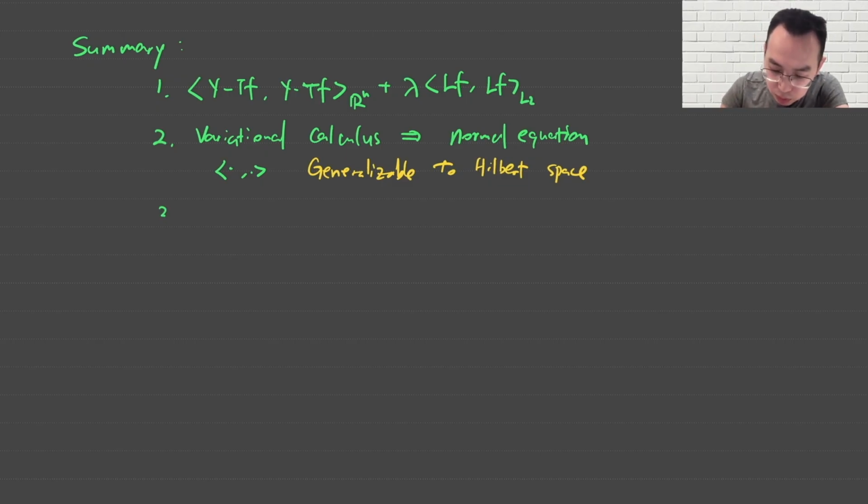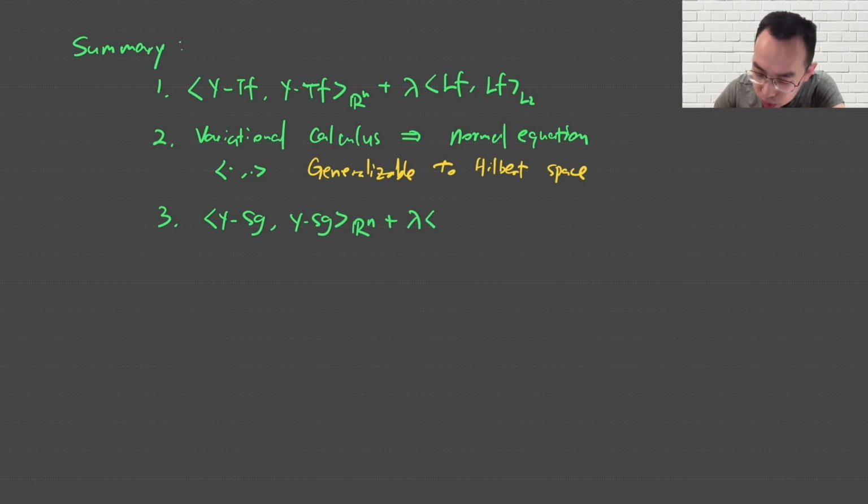After that, remember what we did is that we wrote down the equation in this form: y minus Sg, norm in Rn, plus lambda times the inner product between g and g in L2 space. The other interesting thing is that the operator L is completely general. We didn't make any assumption about L. We didn't use the fact that we are dealing with a smoothing spline problem, so L has to be the second derivative operator.